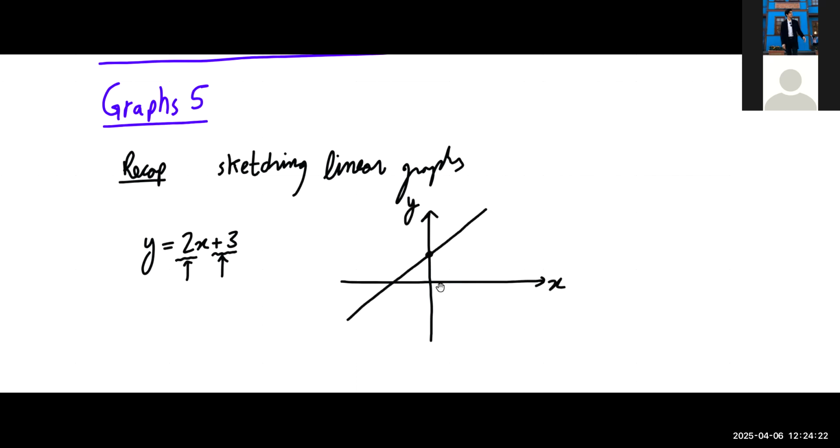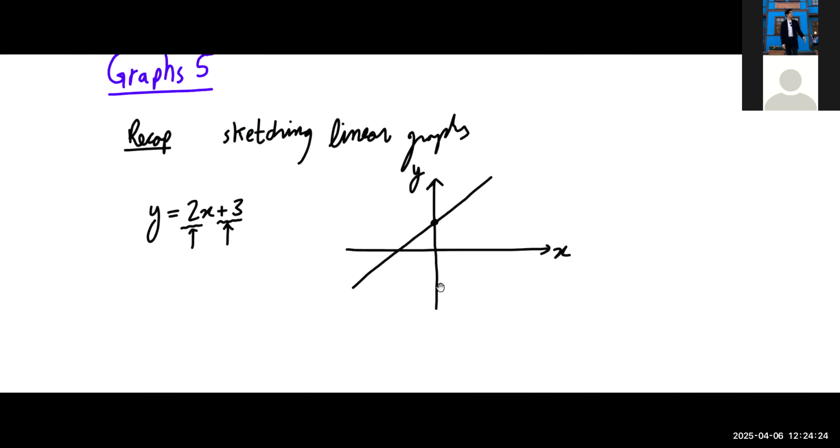My second question for you is, can you tell me what the x-intercept is in this graph? So the y-intercept is 3. What about the x-intercept? How do you find the x-intercept of a graph?